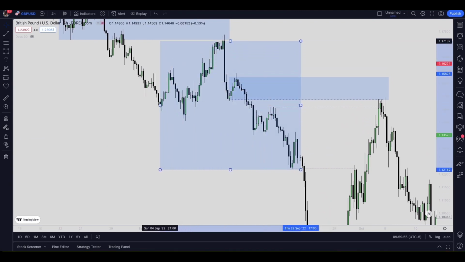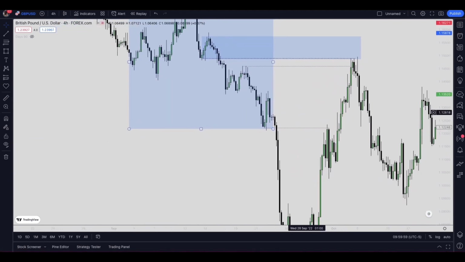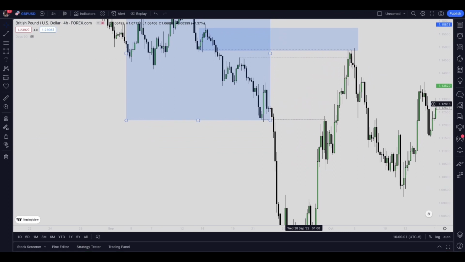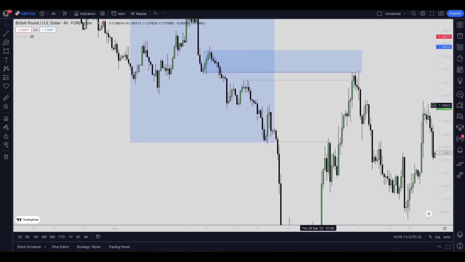Right, these, anywhere from the start of these consolidations, we anticipate price has a high probability of reversing because it is a high resistance area, right?